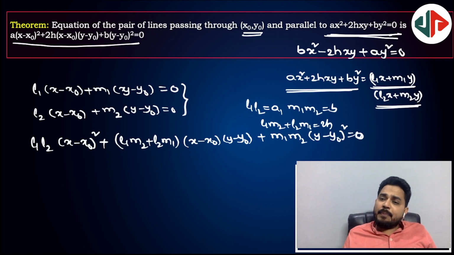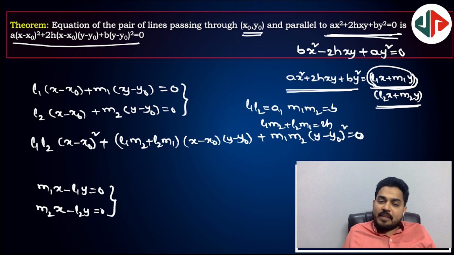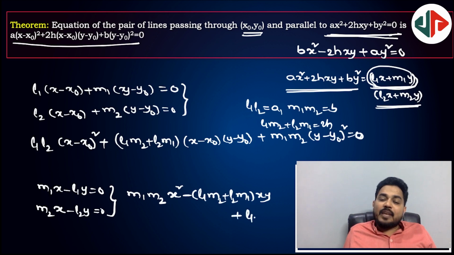Why? The perpendicular to this line will be m1x minus l1y is equal to 0, and the perpendicular to the second line is m2x minus l2y is equal to 0. So when you multiply these, m1 m2 x square minus (l1 m2 plus l2 m1) xy plus l1 l2 y square is equal to 0.